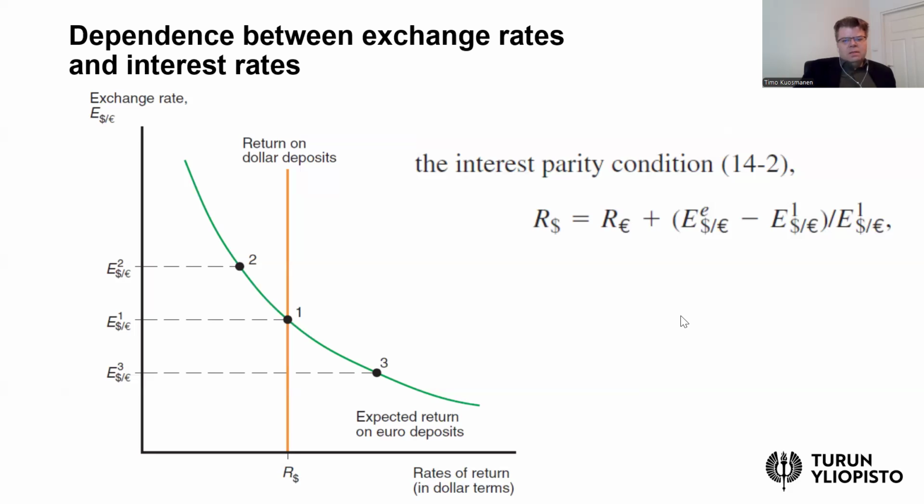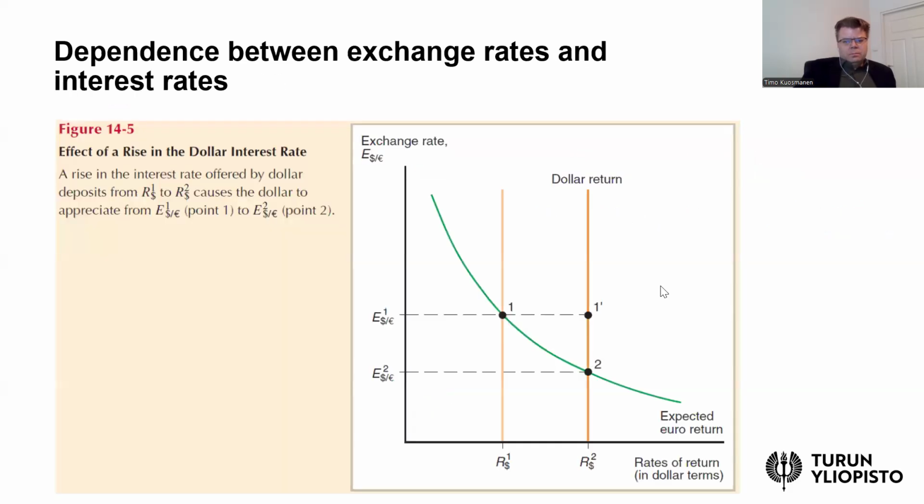So this kind of analysis can be helpful to understand what happens, for example, if the US Fed increases the interest rate. Suppose that now the American asset gets a higher return. So in this diagram, this orange line moves to the right.